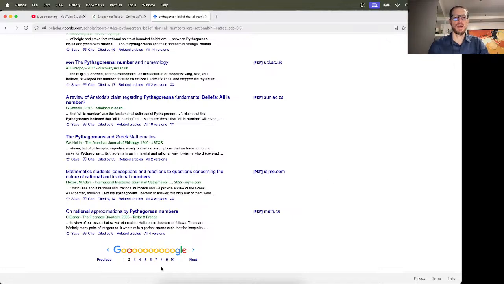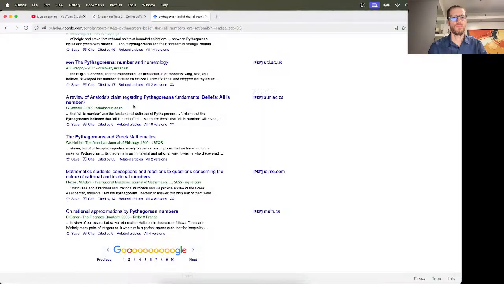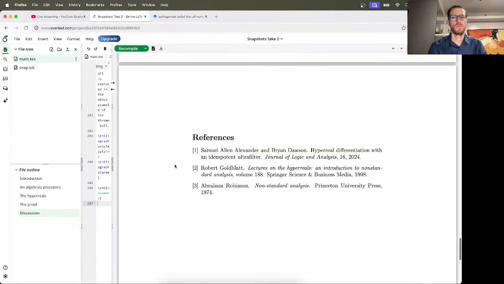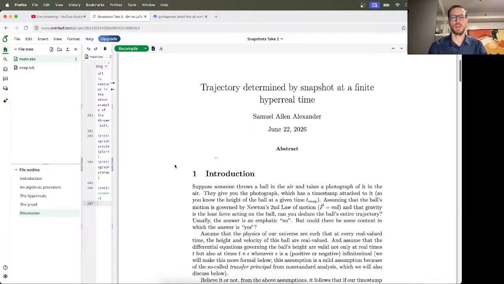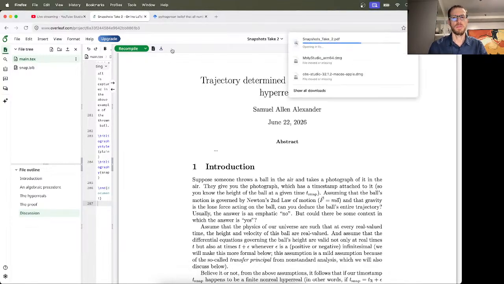Let's see what an AI would say. Oh, we need to have an AI look at the paper anyway. Let's download a copy of the PDF.